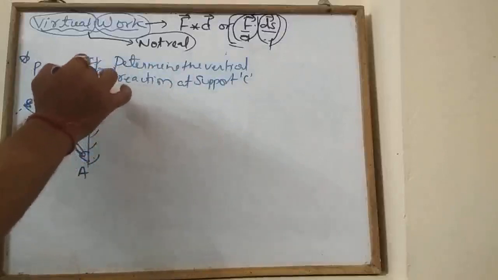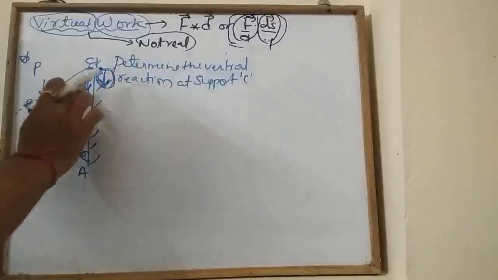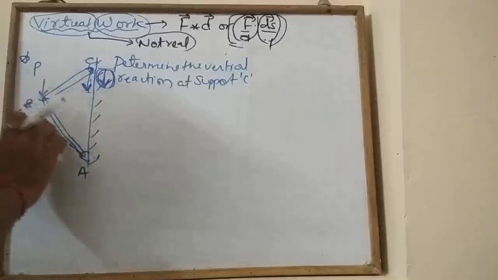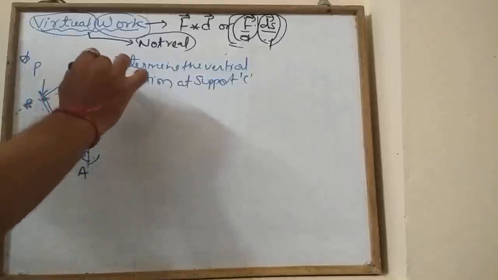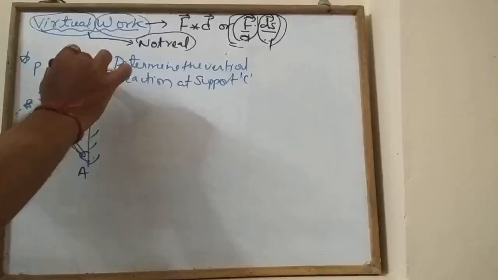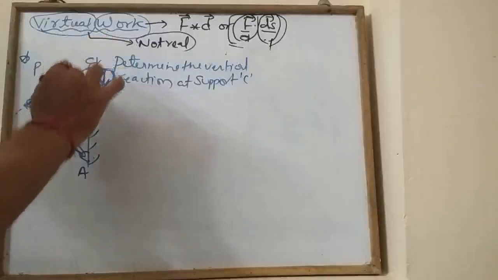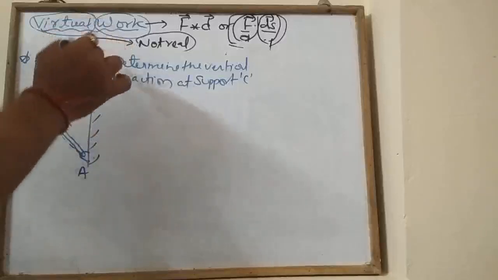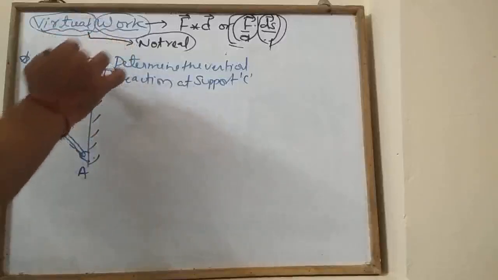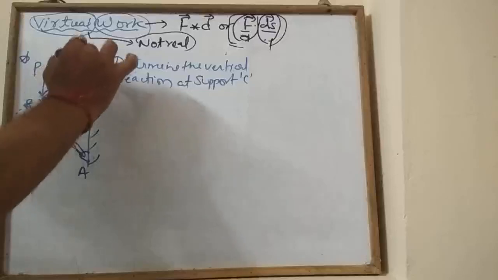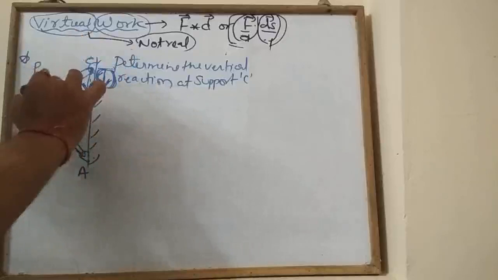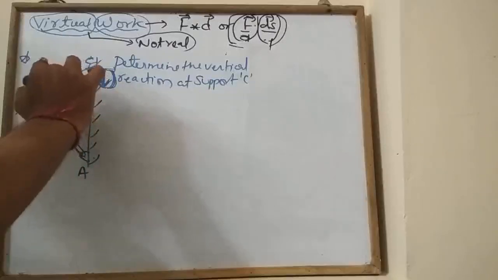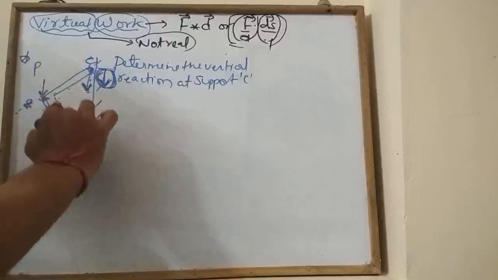As a hint, I have given how to proceed with this problem. You can release this constraint and provide a virtual displacement either downward or upward. It is up to you. If it is upward, then what will be the displaced form? This is the original geometry, and the displaced geometry will be like this.